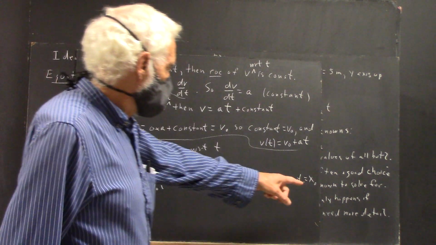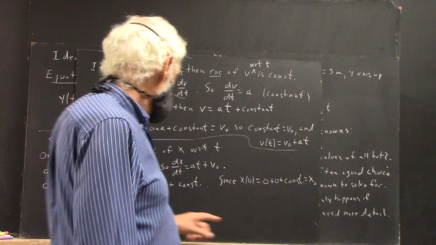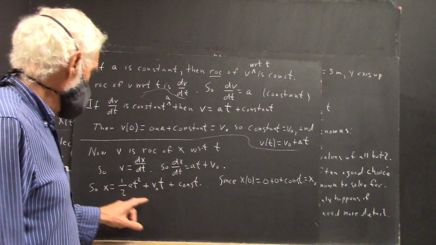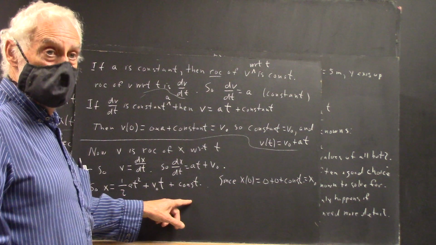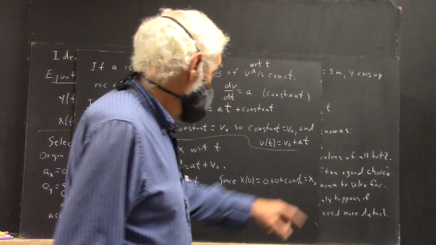If you're letting x naught stand for x of 0, then of course you plug in 0 for t, you get 0 here, 0 here, but you still get your constant, which is a good thing because that constant's going to give you your x naught.